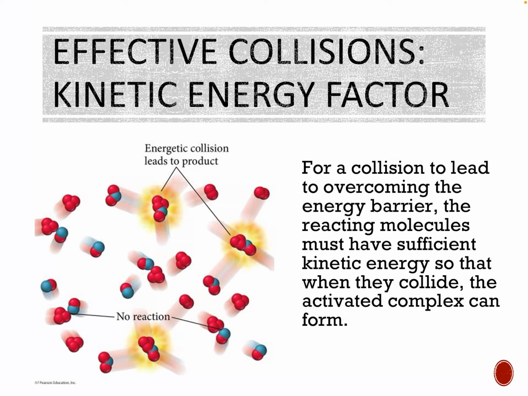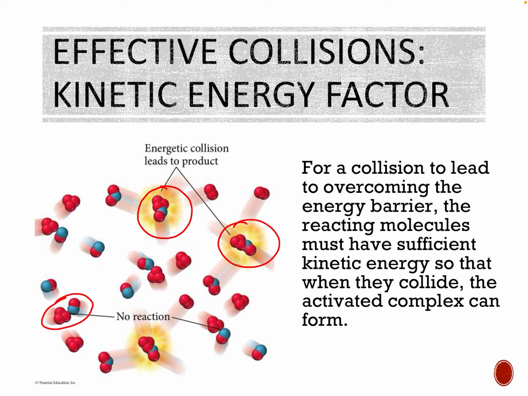Okay, so looking at this first one, like I said, they need to have enough energy to overcome that energy barrier, right? They need to overcome that activation energy. If they don't, then they just bump into each other and leave. So here, see, they look really exciting. These are our effective collisions, right? They have lots of energy. They're crashing into each other. The reaction happens, okay? This one here, right?